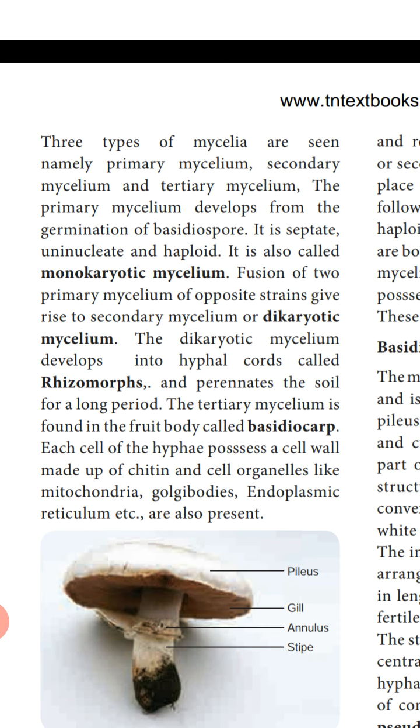The basidiospores are the sexual spores produced in the Basidiomycetes. They germinate and give rise to the primary mycelium, which is septate, uninucleate and haploid hypha. Since they contain only one nucleus in a cell, they are called monokaryotic mycelium.